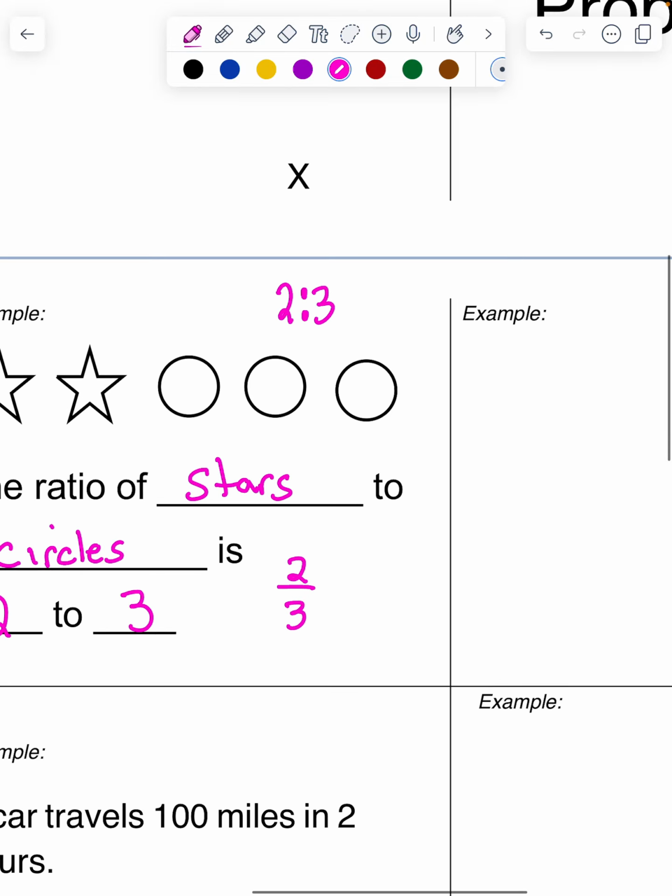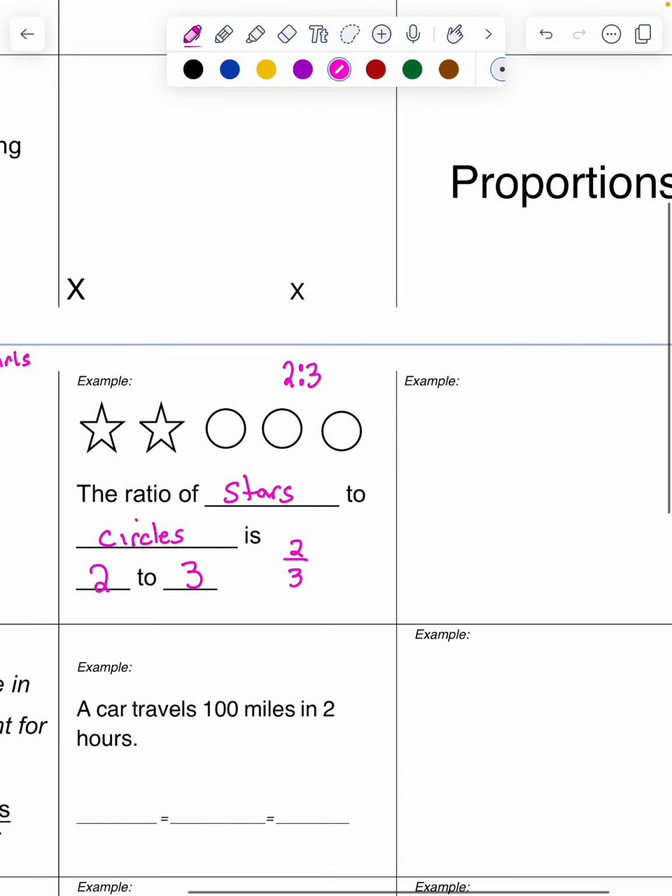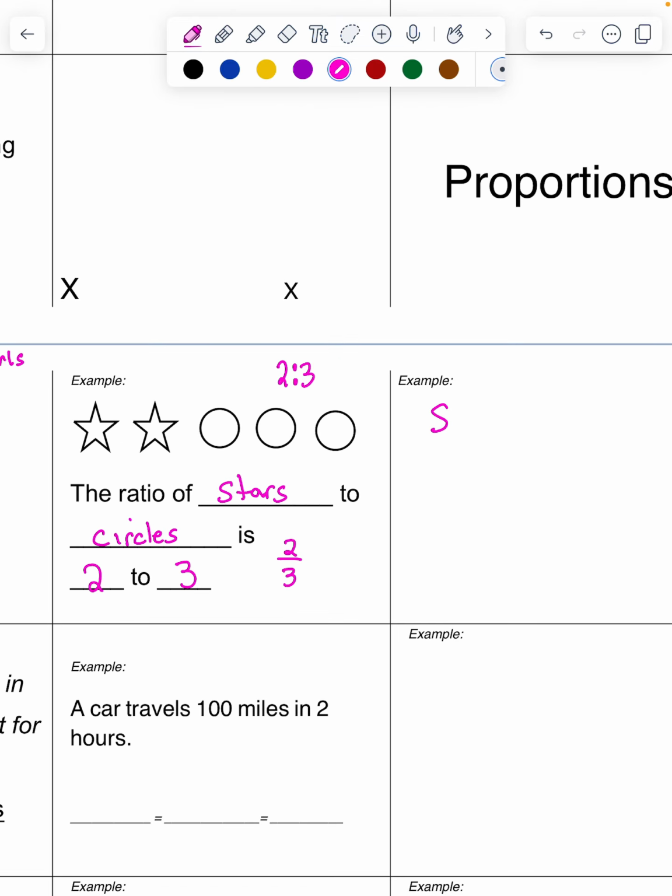We also can do stars to all shapes, and this would be 2 to 5, in any of the three forms. The most common one we're going to use is the fractional form.